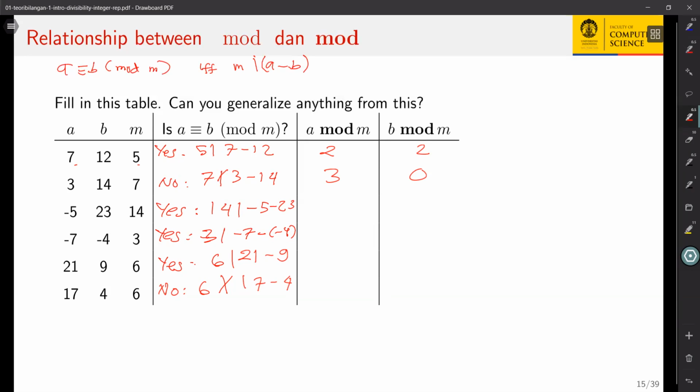Okay, let's start with the one here on the right. 23 mod 14. 9, sir. How about this one? Is this 9 or not? Also 9, sir. Okay, also 9, right?